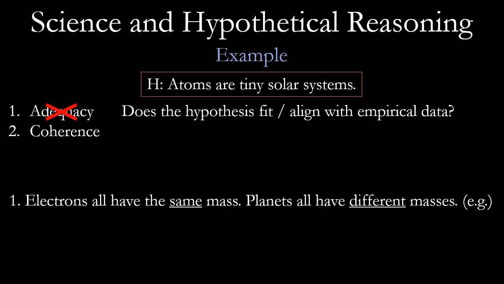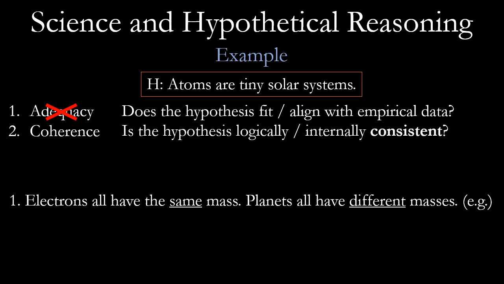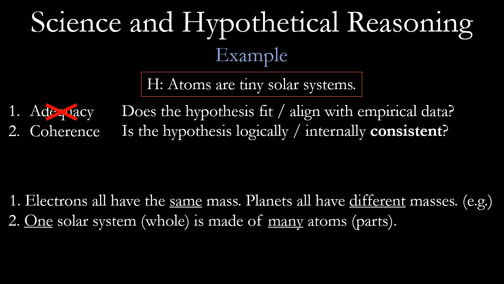All right, well then we might also ask, what about coherence? Is the hypothesis logically or internally consistent? Well, unfortunately, it doesn't really meet this criterion either. Here we're talking about whether atoms are tiny solar systems. Well, one solar system is made up of many atoms. And this is a whole versus parts kind of thing. Rarely do we ever see a situation where the whole behaves exactly the same way as its parts.